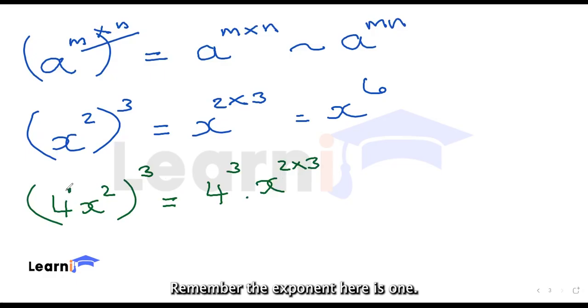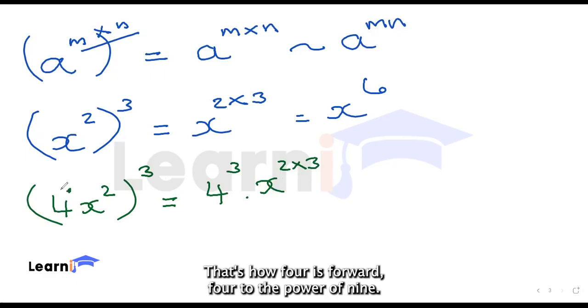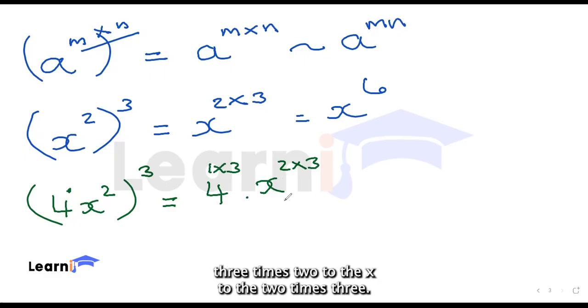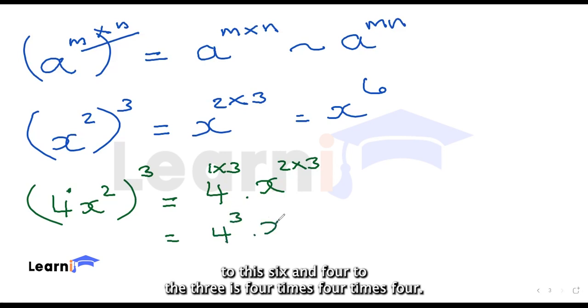Remember, the exponent on the 4 is 1. It's 4 to the power of 1. So this is actually 4 to the 1 times 3 times x to the 2 times 3. And this is equal to 4 to the 3 times x to the 6.